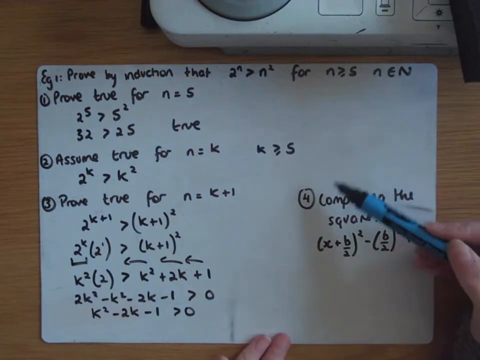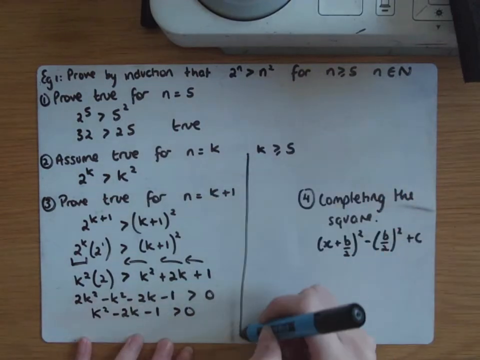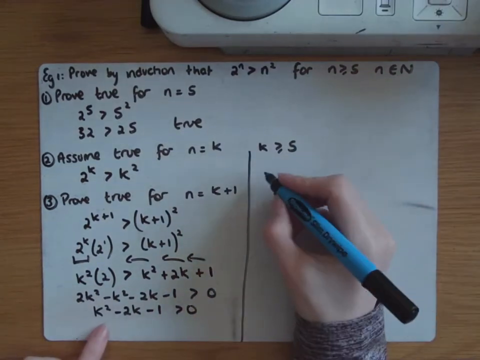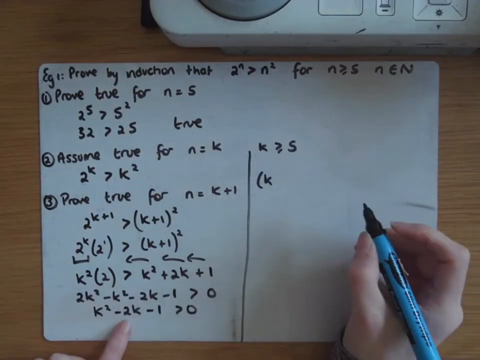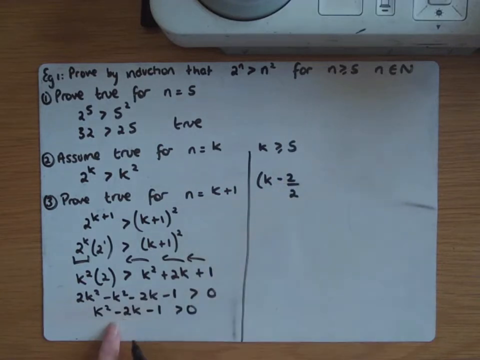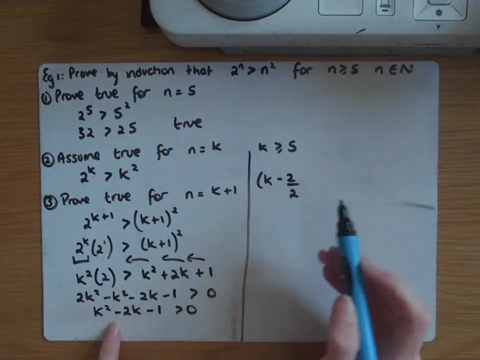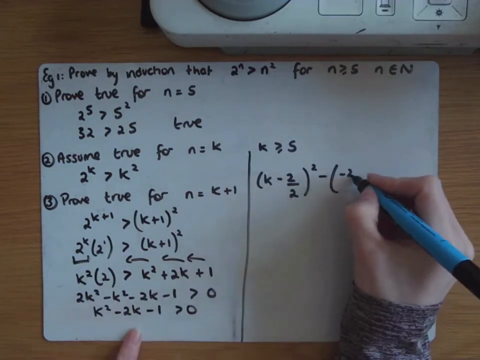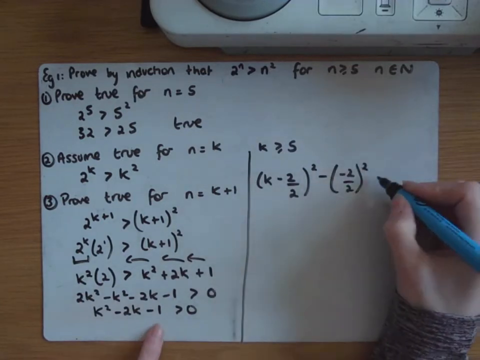So remember we had 1, 2, 3 on the right hand side, this is the 4 there. So using this formula, I'm going to complete the square. That tells me it's plus b over 2, but the b is a minus here, to be squared, minus b over 2 to be squared plus c.